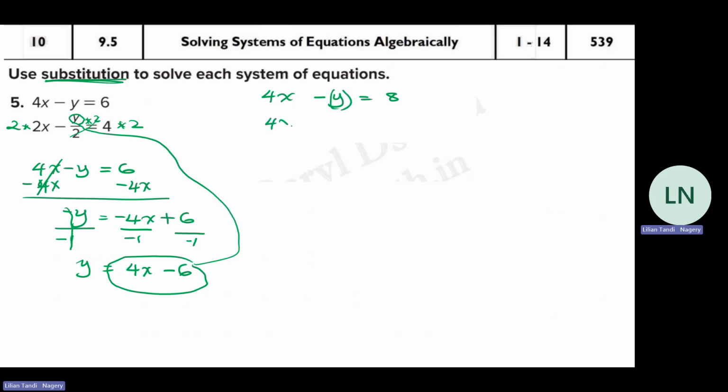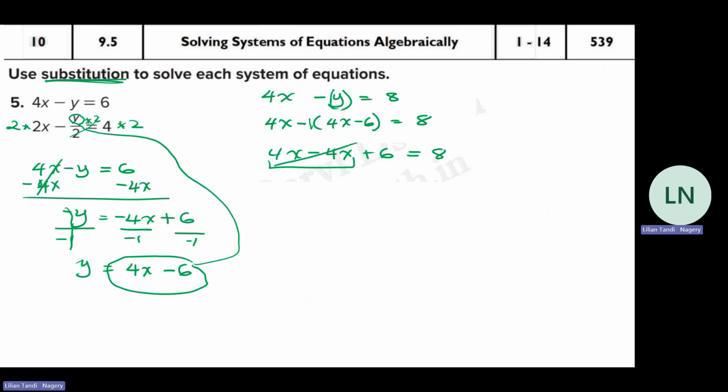Okay, so you're going to replace this. So I'm going to have 4x minus 6 equals 8. Remember here there is negative 1. So negative 1 times positive 4x, negative 4x. Negative 1 times negative 6, positive 6 equals 8.